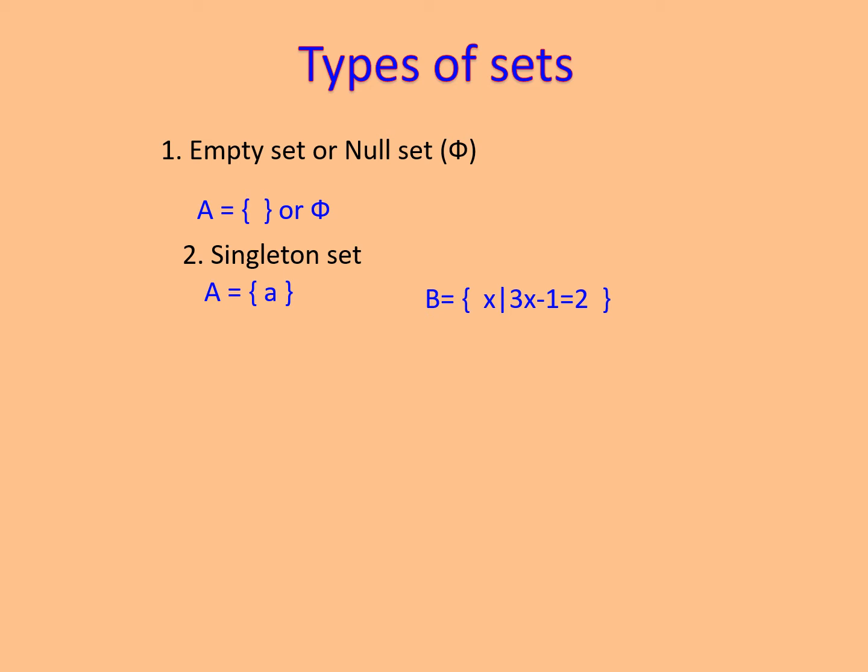When you simplify this, you will get x equals to 1. That means set B is also a singleton set. Clear? The set of even prime numbers, only one element comes in that. That is also an example of a singleton set.